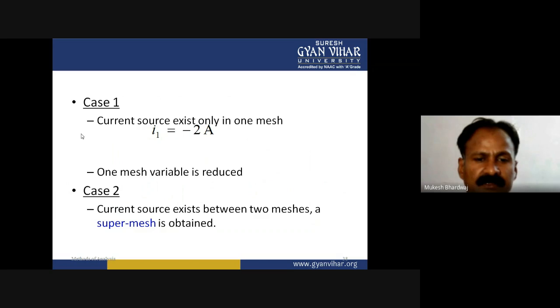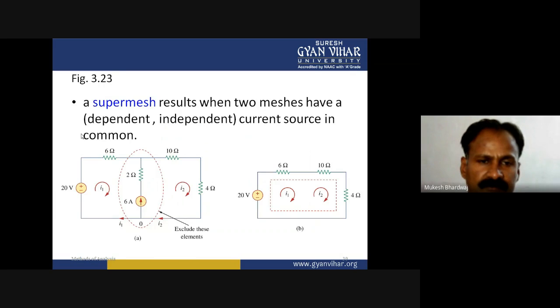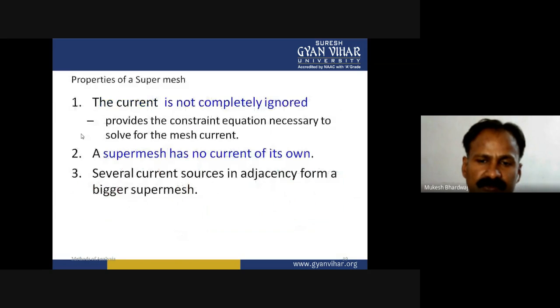If a current source exists between two meshes, a super mesh is obtained. A super mesh results when two meshes have a current source in common. So this is the pictorial representation for finding the equations and doing the solution.